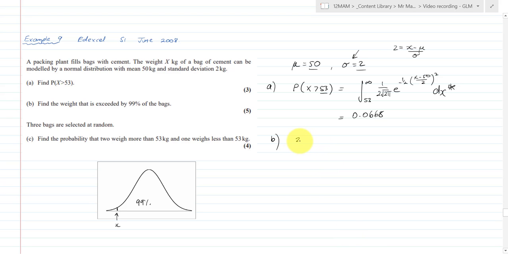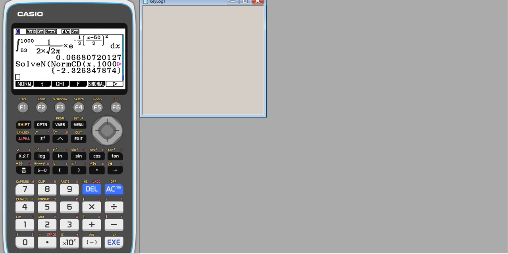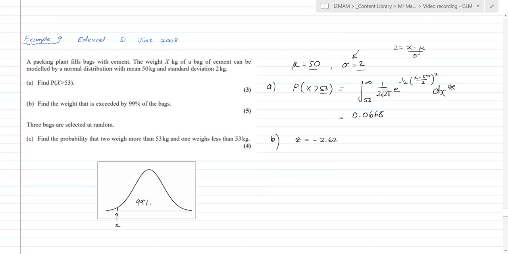So Z equals negative 2.3263, and therefore x will be equal to negative 2.3263 times 2, the standard deviation, plus 50.